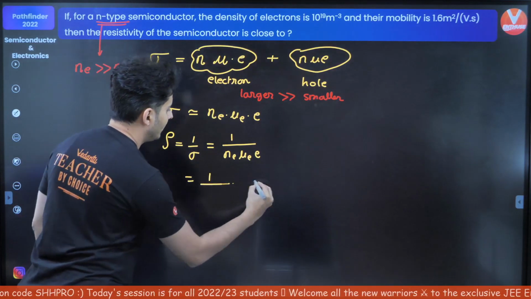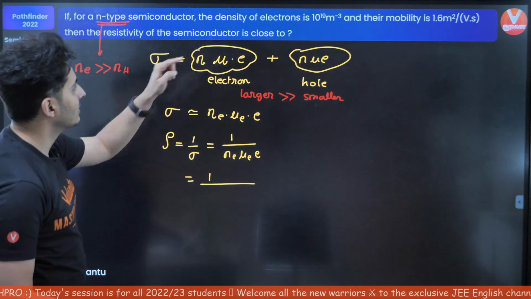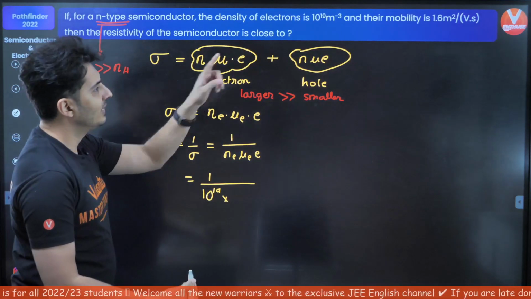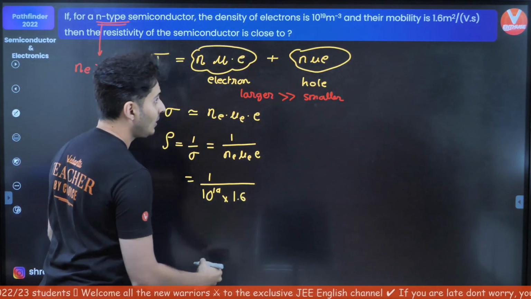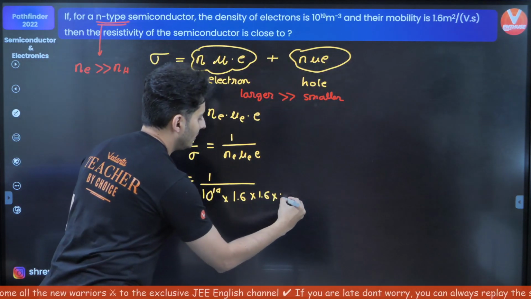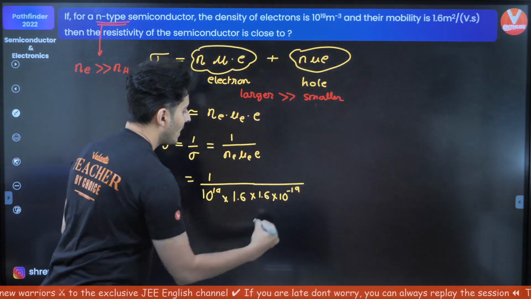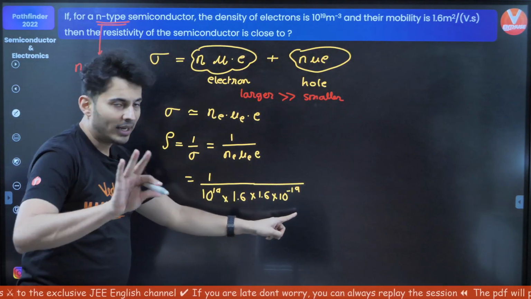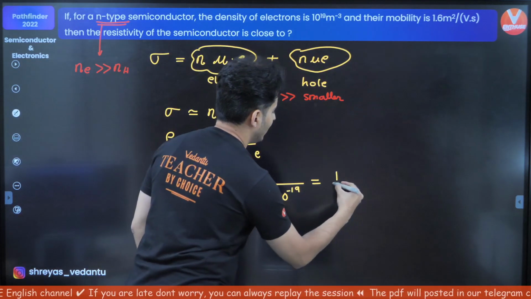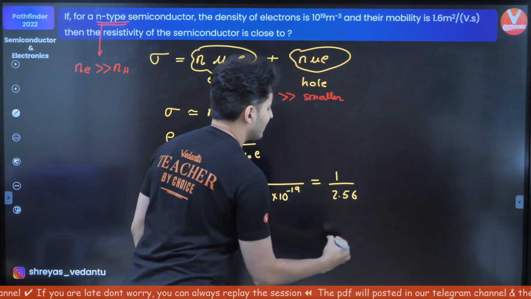Number of electron carriers, that's 10 to the power 19, into mu, mobility is given as 1.6. Okay, and electron charge, that's 1.6 into 10 to the power minus 19. This and this vanish. 1.6 into 1.6, 16 square, 256. So this will become 1 by 2.56.